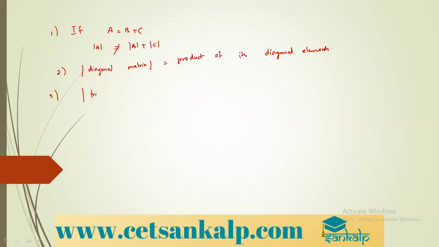Determinant of a triangular matrix will be equal to product of its diagonal elements. Determinant of I, unit matrix of any order, will be 1.